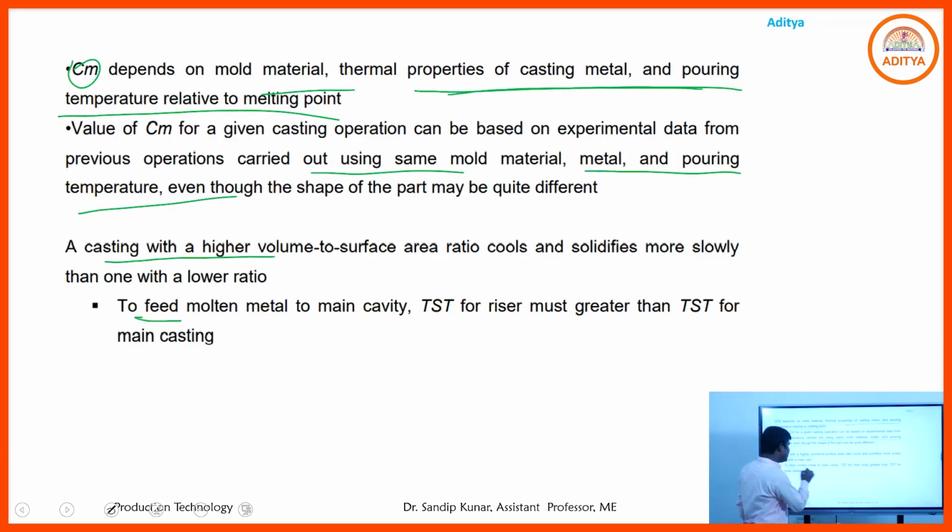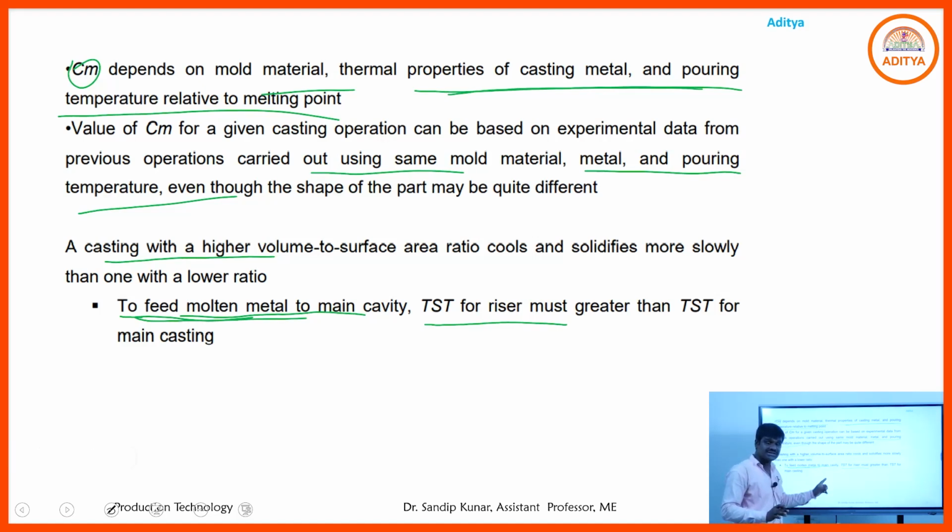Another point, to feed the molten metal to the mold cavity, the total solidification time for the riser must be greater than the total solidification time for the main casting, because the molten metal in the mold cavity will first be converted into solidified product.